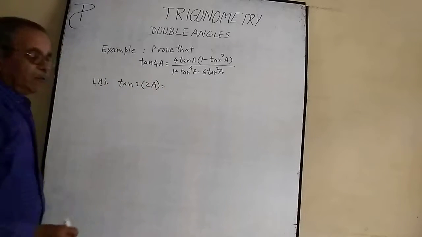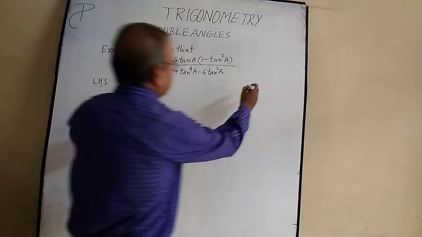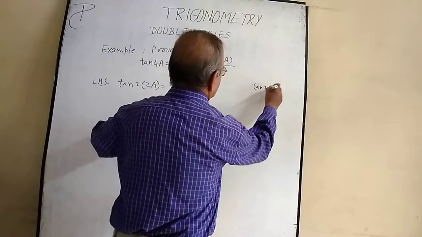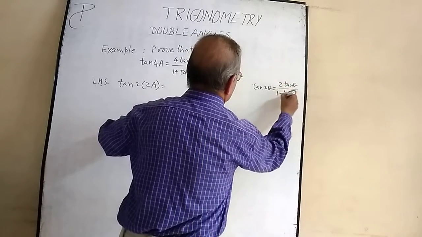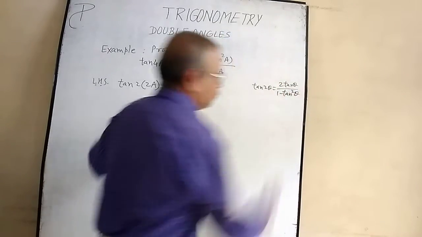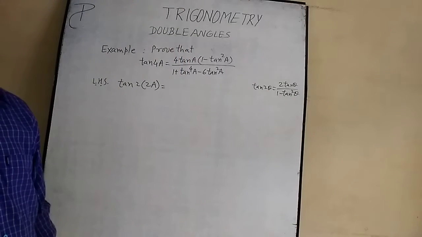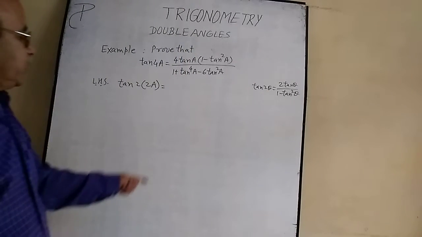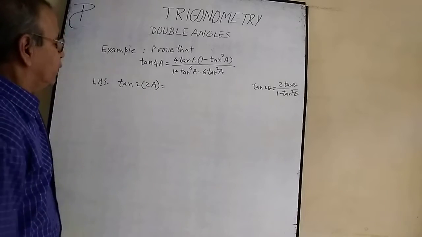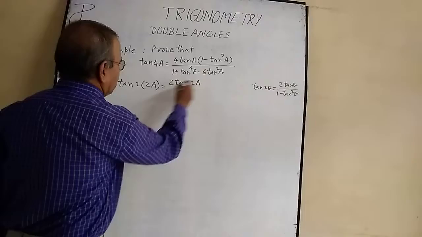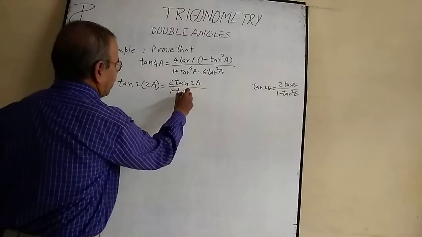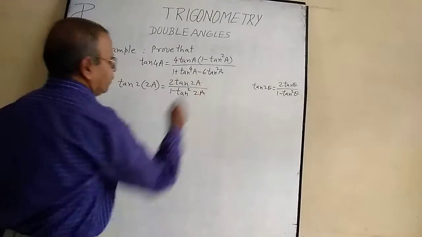As we know that tan 2 theta is equal to 2 tan theta upon 1 minus tan square theta, here theta is 2a. So we can write 2 tan 2a upon 1 minus tan square 2a.